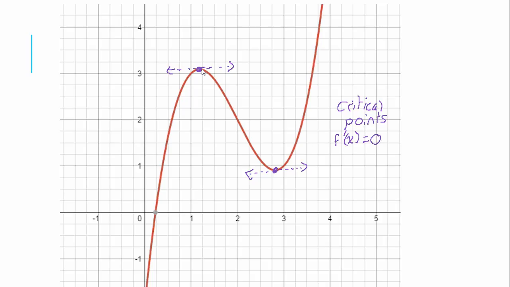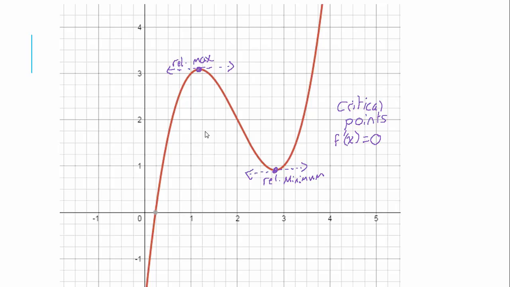And we call this right here a relative maximum. We call this right here a relative minimum. And you can see between critical points, the function's either going up or it's going down. And when you pass a critical point, you're often, not always, but often changing between positive and negative.